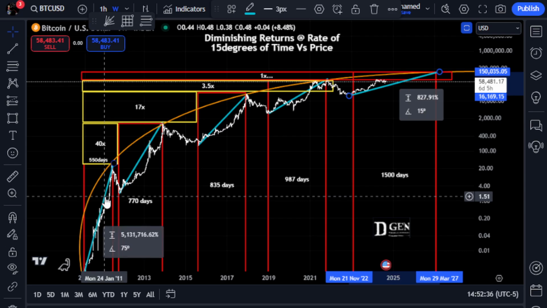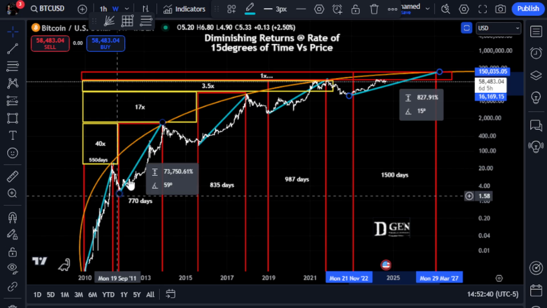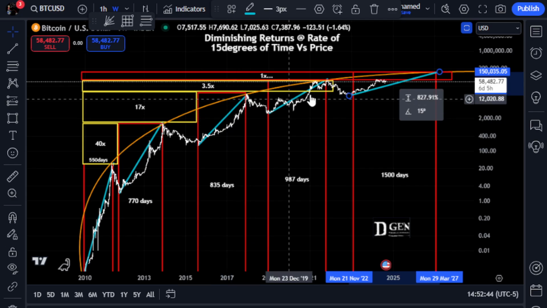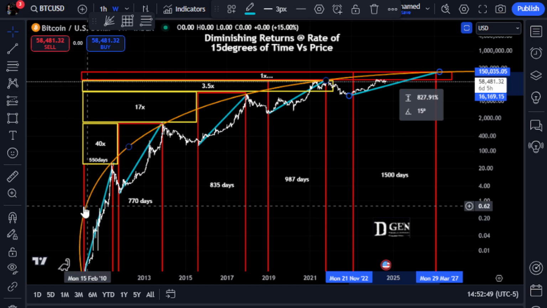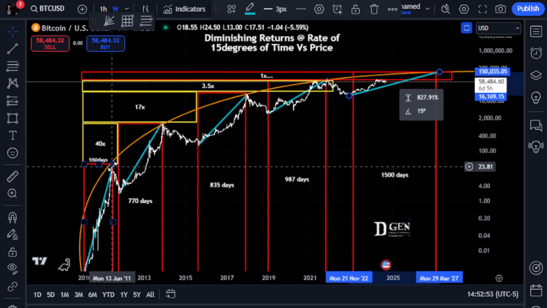Now this right here, in terms of degrees, is not an approximation. From bull run low to bull run high, you are losing 15 degrees of time versus price. It is taking longer. Here we have approximately 550 days it took to get to this high.